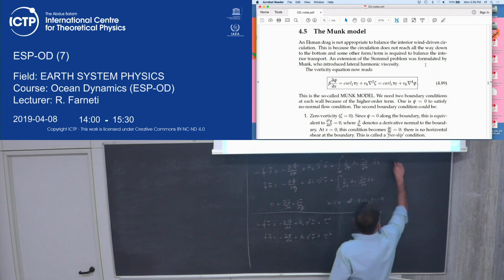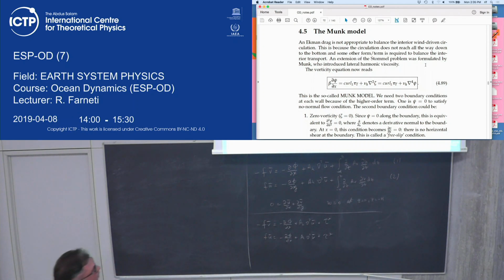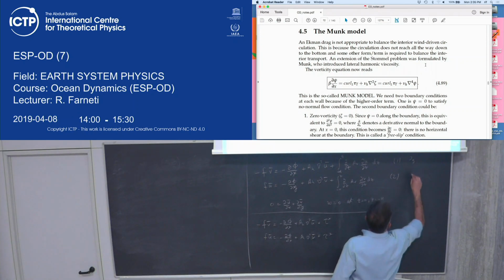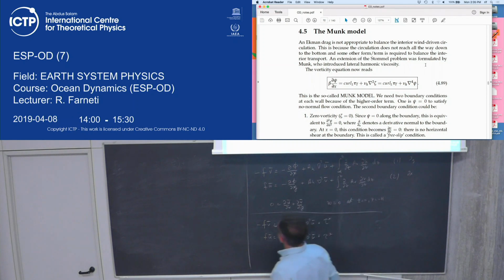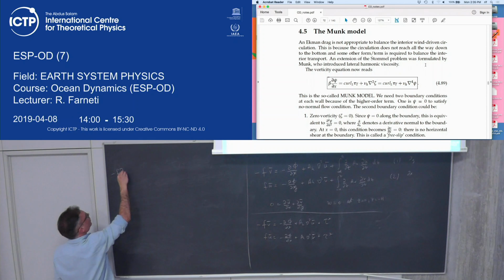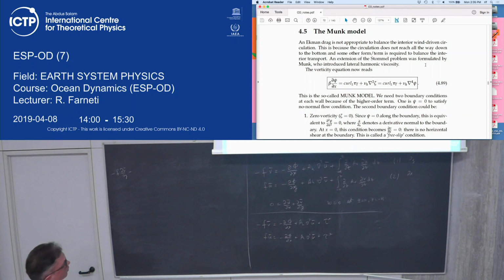Now you do the same thing that we always do. You take the curl of the momentum equations. Okay, so you do d by dy of this one and d by dx of that one. So that's d by dy minus d by dy of f.